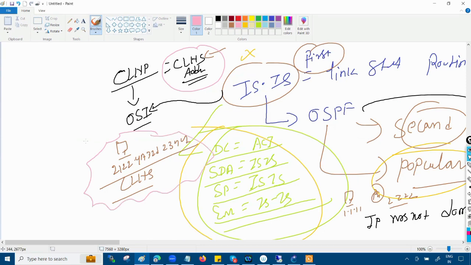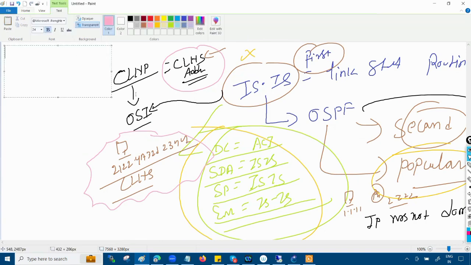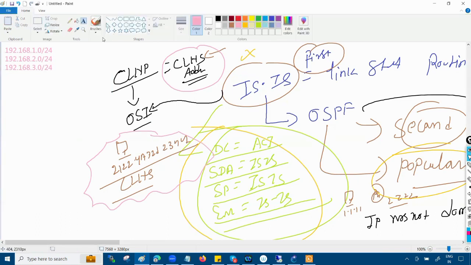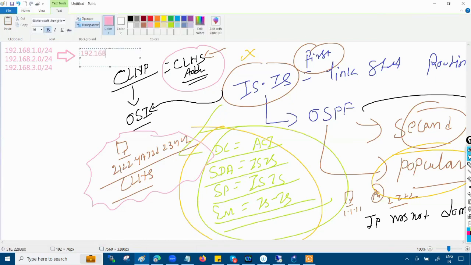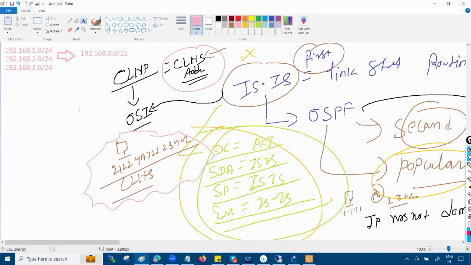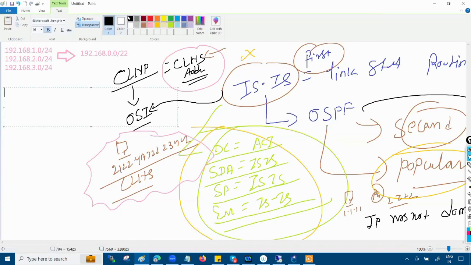Can you imagine, in normal IP, if you have networks like 192.168.1.0/24, 2.0/24, 3.0/24, you have the ability to summarize these networks into a single one. How? I can say, okay, let's do it, /22. But the problem with CLNS is that you cannot do summarization.